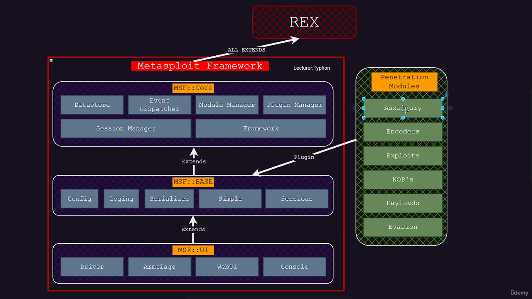And we have auxiliary modules here. Auxiliary modules are like versatile Swiss Army knives. They are multifunctional and can perform a wide range of tasks, including information gathering, like collecting data about a target system or network, such as open ports, running services, or even sensitive information.